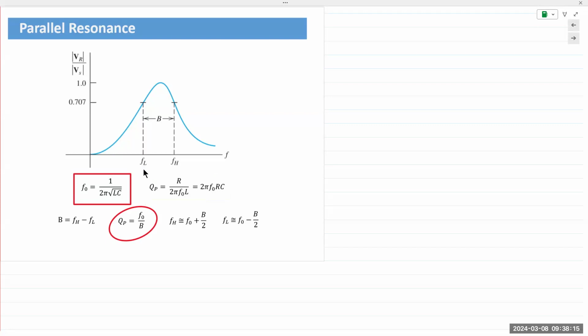Let's make it bigger. Okay, questions? It's still a second order circuit. The energy is still bouncing between the inductor and the capacitor. But after it receives the initial energy, it does not draw any more power from the circuit.